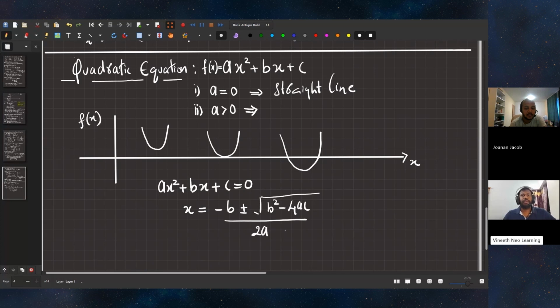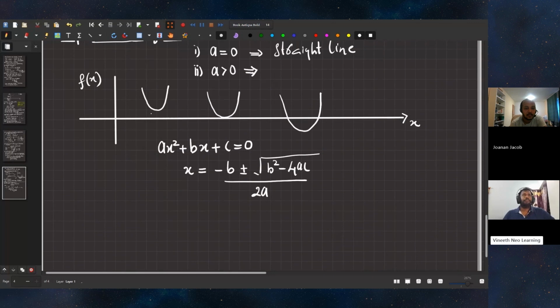There are no zeros when the discriminant is negative, so that the square root is not real.